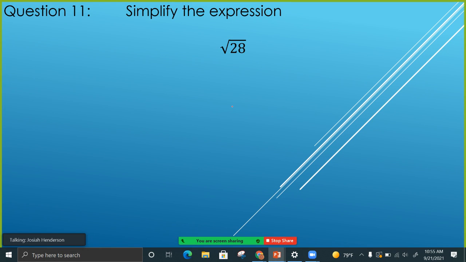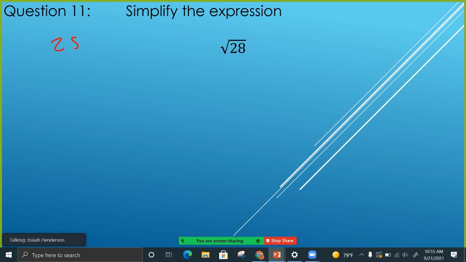Let me know if you are able to break it down with the factor tree and tell me what you get. And then we'll continue from there. Could it be 2 to the second power and then 7? Good. 7? Awesome. Thanks, Leja.